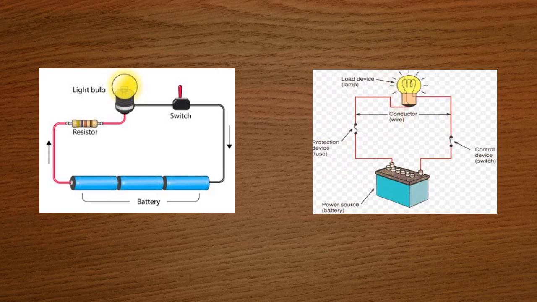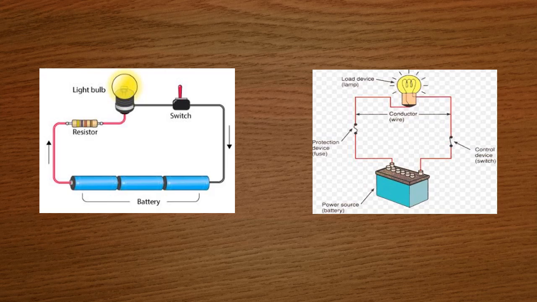This picture also has a circuit, and this circuit contains a bulb, a switch, a battery. But what is the difference? The difference is, in the first picture you are seeing a resistor, but in the second picture you are seeing another type of resistance, and this is called a fuse. It is like a wire.